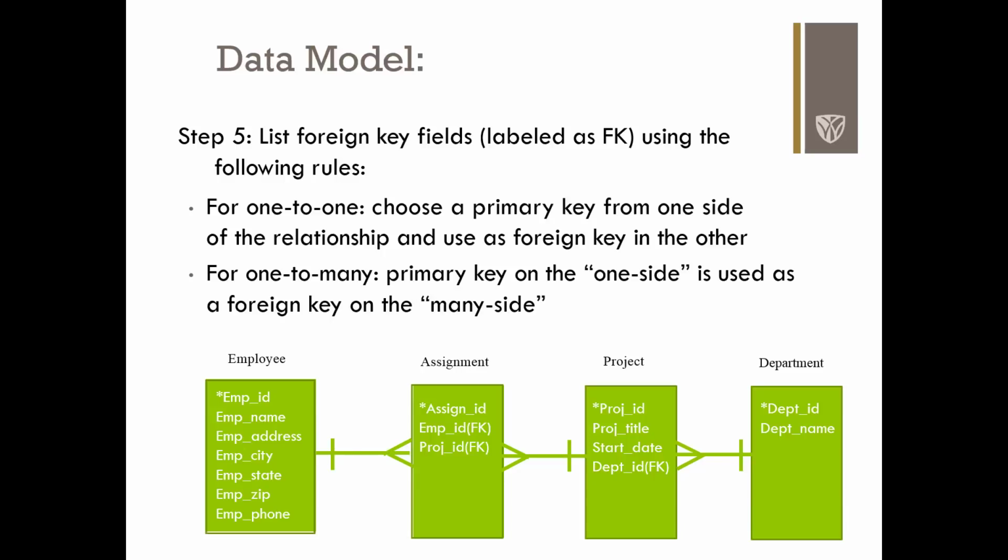So for example, you can see we have department ID is the primary key on the department table. We have now taken that, it's on the one side of the relationship with project. We've now taken department ID and added it to the project table as a foreign key. Similarly, we've added project ID and employee ID as foreign keys in the assignment table.